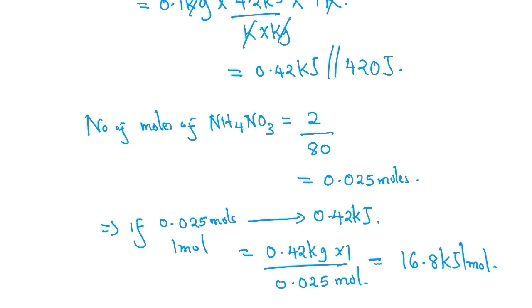Since the process is endothermic, the sign is positive, meaning energy is absorbed. Let us do the same to come up with what we call a thermochemical equation, then we represent the same in the energy level diagram.